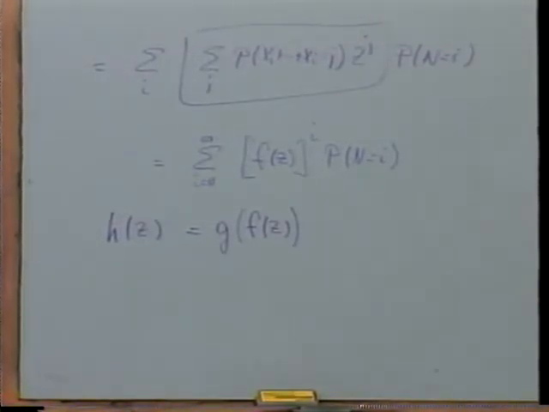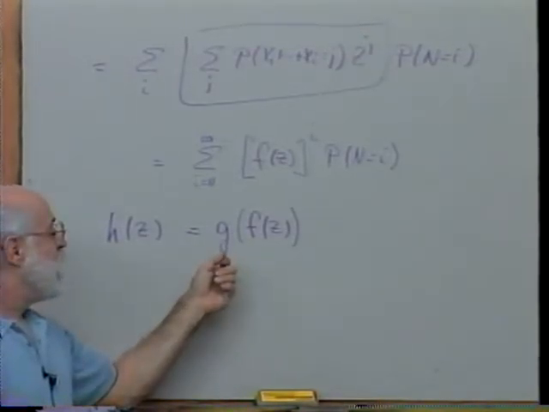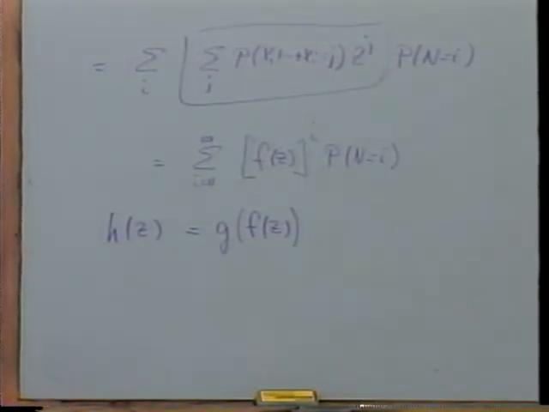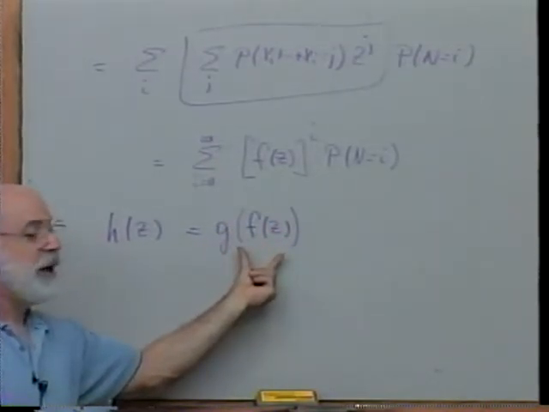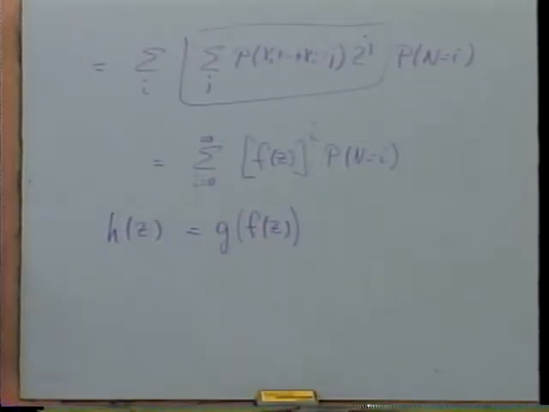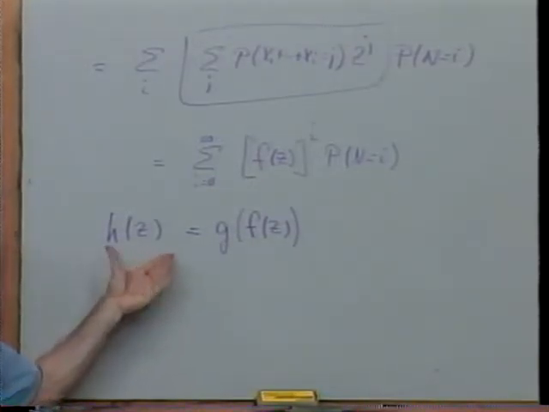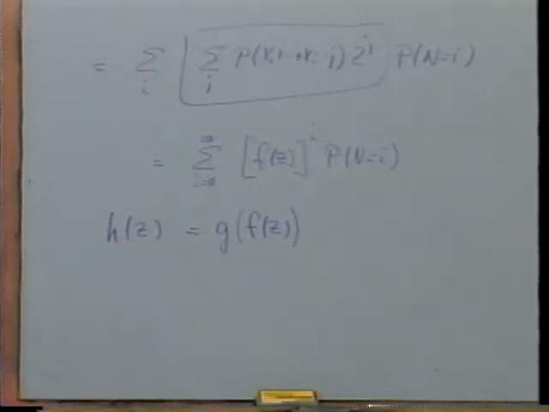Then the generating function of the distribution of the sum is equal to the generating function of n, the number in the sum, evaluated at the generating function of f, the generating function of the components of the sum. Okay, so all of this kind of folds up into something that's very neat.